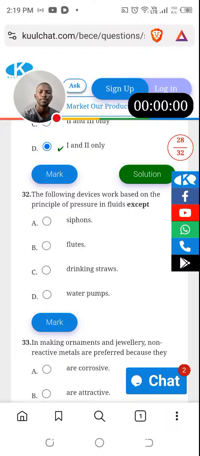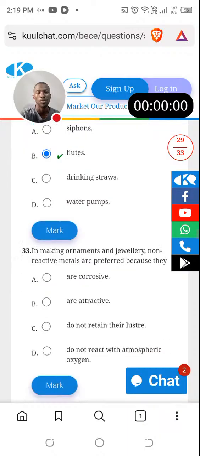I see. Good. So that's the correct answer. Flutes, siphons, drinking straws, and water pumps have basic principles of pressure and fluids.